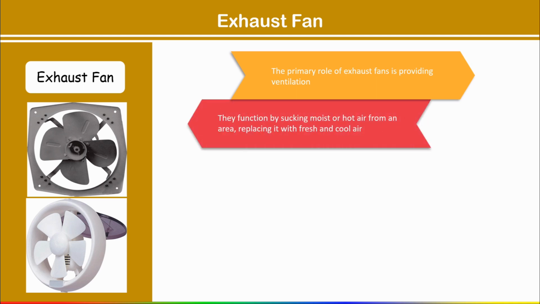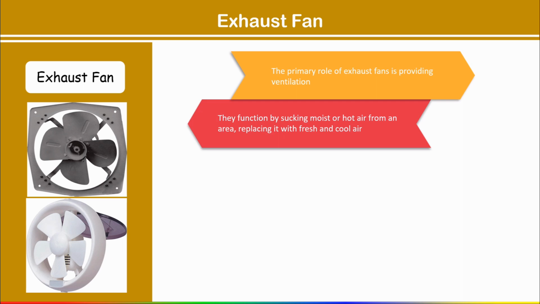Next, they function by sucking moist or hot air from an area, replacing it with fresh and cool air. Generally this exhaust fan helps in ventilation and also removes contaminants that can cause harm or irritation if inhaled. They are devices that provide ventilation and hence prevent allergies, headache, asthma, etc. It also reduces the risk of mold, mildew and damage to wall or furniture.